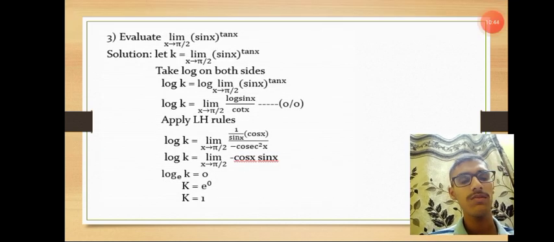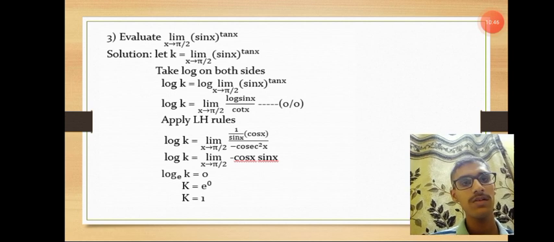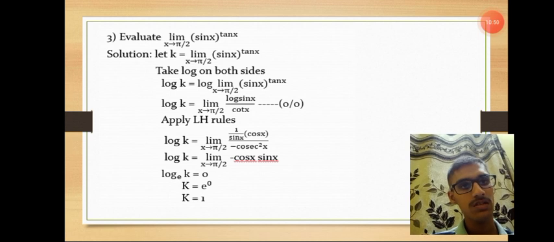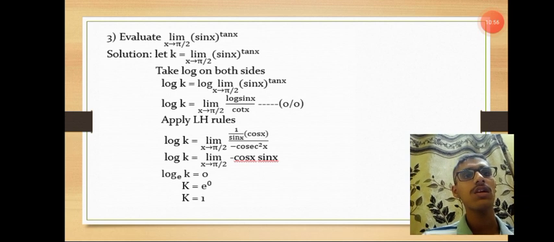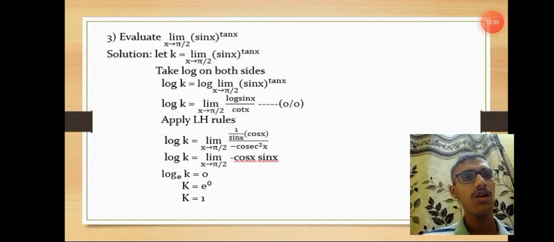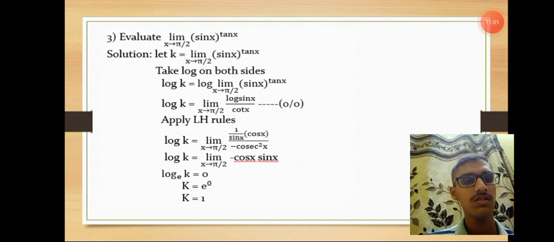The next problem is evaluate limit x tends to pi by 2 sin x to the power tan x. In this case, first we have to assume it is equal to k, and then we have to take log on both the sides.